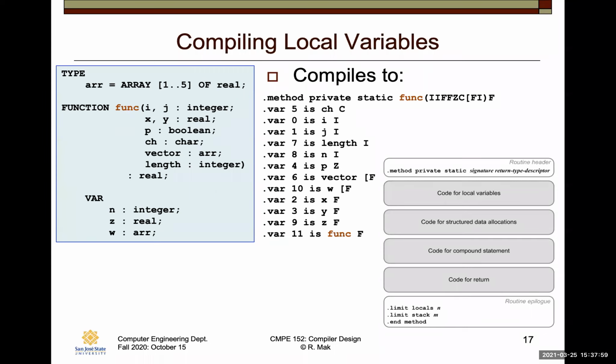All right, so these .vars will tell you for each local variable or parameter its data type and its slot number. Now it turns out that these .vars are not necessary.